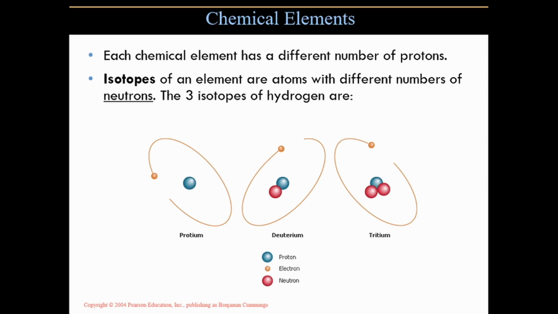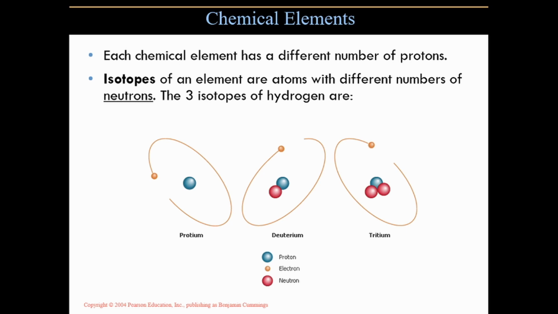You'll notice protium has no neutrons, deuterium has 1 neutron, and tritium has 2 neutrons. And so that changes a lot of the chemical and, in cases of other atoms, the physical properties of those atoms. So they're called isotopes. Same element, it's all hydrogen, but it varies in the number of neutrons.